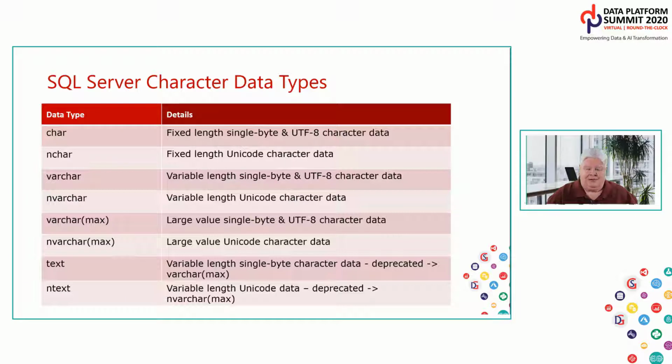Now, with varchar(max) and nvarchar(max), these are much more efficient because what they do instead is they default to storing the data in the row and then having overflow pages if required. They can, though, still end up with scenarios where the data is stored out of the row.